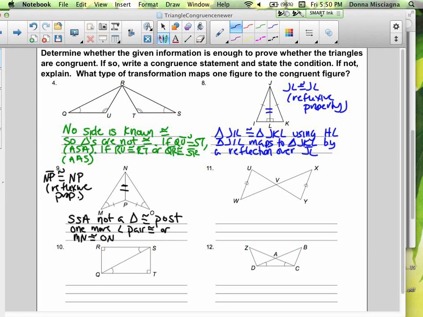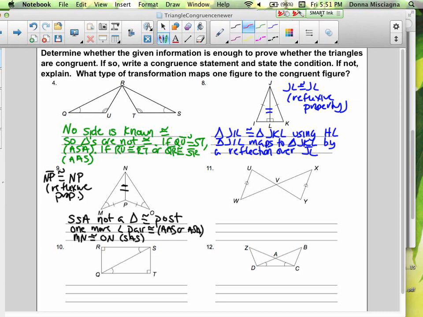If that were true, then we'd have side, angle, side, and that would work out. If we had one more angle, then that would be, depending on which angle it was, angle, angle, side, or angle, side, angle. But as it stands, we're just a little bit short there.